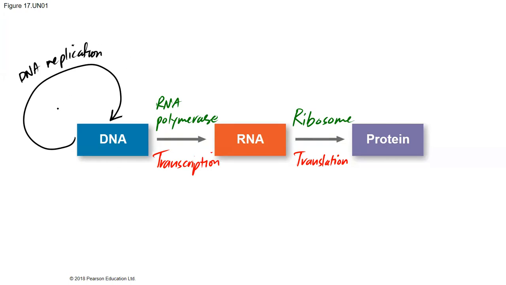Okay? And DNA replication requires an enzyme called DNA polymerase. So the DNA polymerase uses single-stranded DNA as a template to make more DNA. The RNA polymerase uses DNA as a template to make RNA molecule.